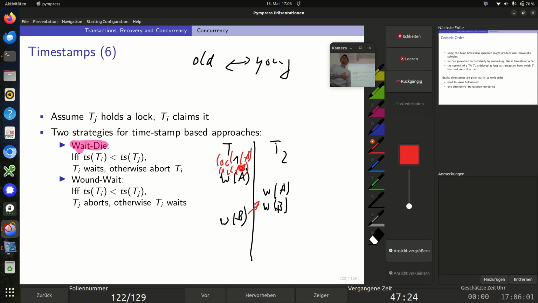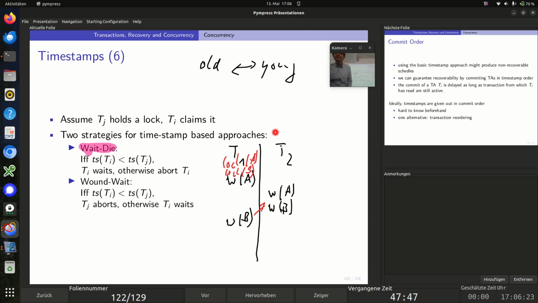Also, just for clarity, the timestamp from Ti is smaller than the timestamp from Tj, and then which one of the two is the older one? Does that mean the timestamp starts with 0? Okay. So the idea here is T1 is the older one, the smaller. So the number here is the timestamp.